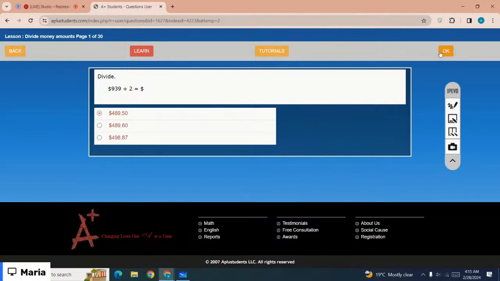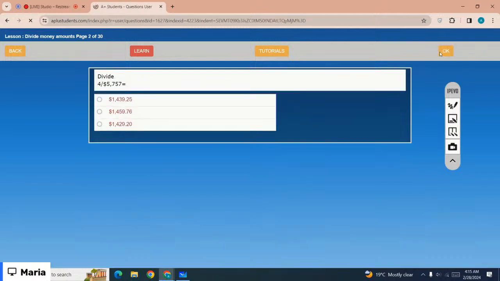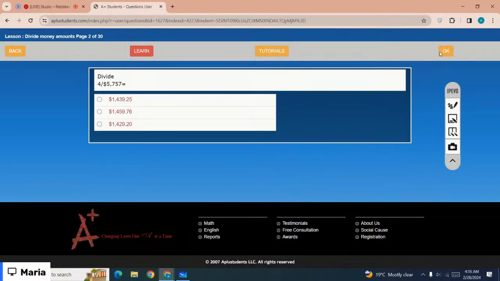The next one you have to divide and write the answer in the chat box, right? Okay, that is 5757 divided by 4. Which is the correct option? Divide and write the answer in the chat box.